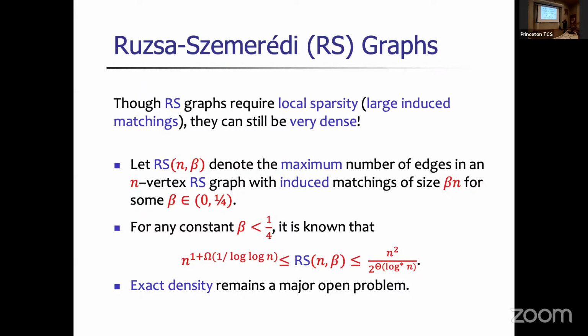So there is a big gap. Once you allow matching sizes to be somewhat smaller than n, work of Noga and others has shown that you can have graphs which have Theta(n^2) edges. In fact, n choose 2 minus o(n^2) edges. Okay. So the challenge here is for the case when the size of the matching is very close, proportional to the number of vertices by a constant, or something just slightly below a constant.